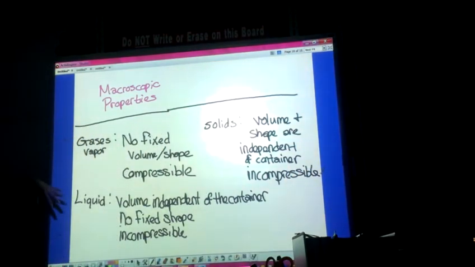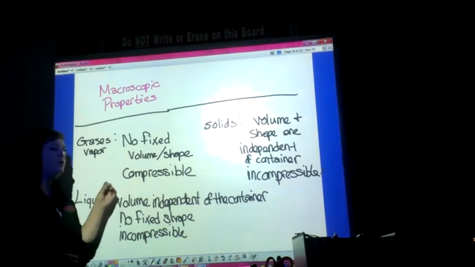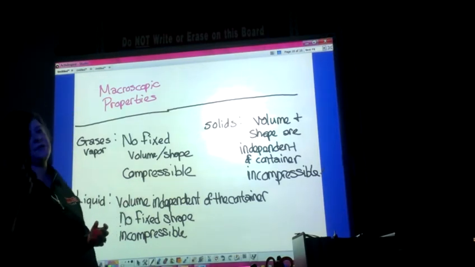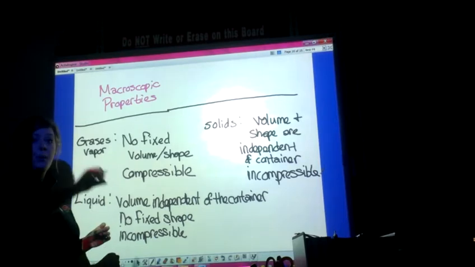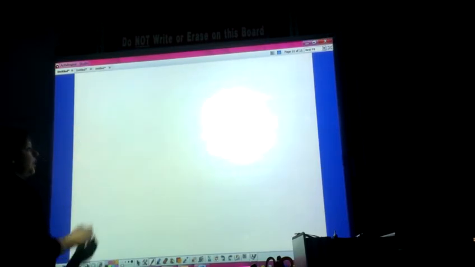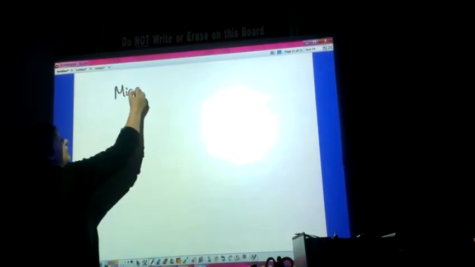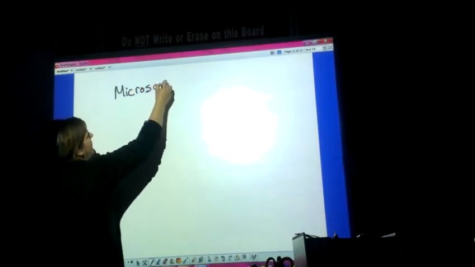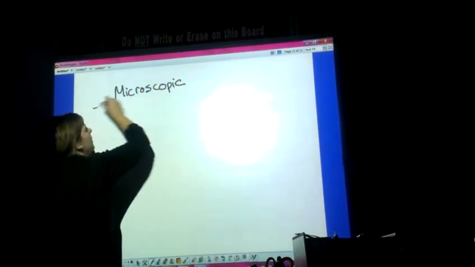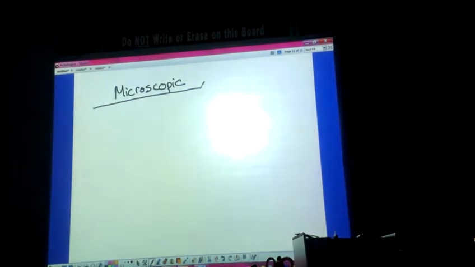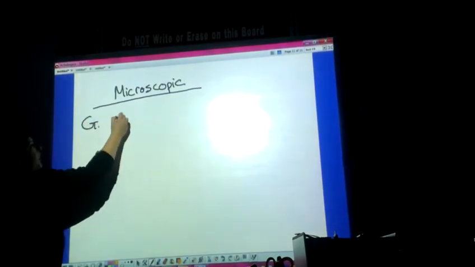Okay, these are macroscopic properties, but we also have to think about not just what we can see, but what's on that atomic or particle level. So we need to go to microscopic properties. I'm sorry, microscopic properties. We just talked about macroscopic. So in terms of microscopic properties, gases, we know that they are far apart.